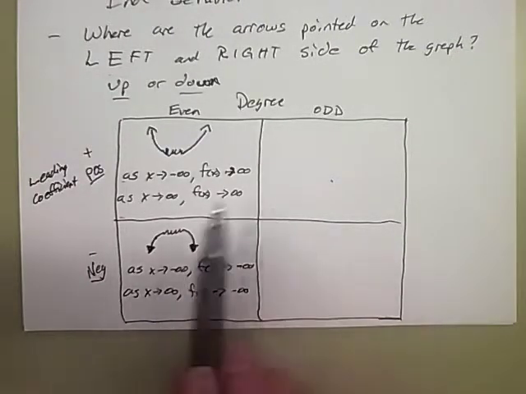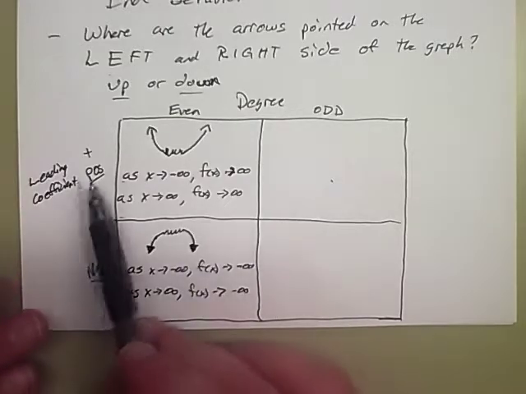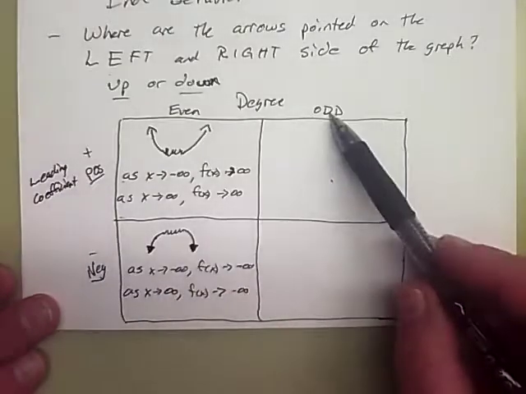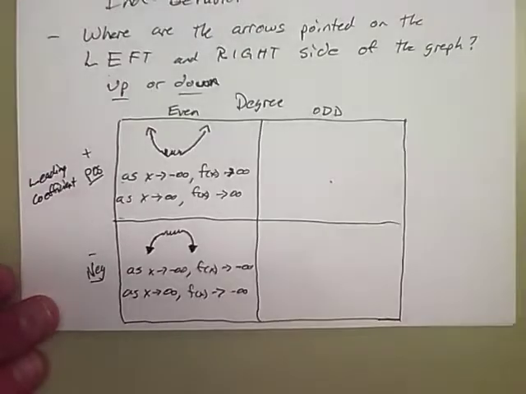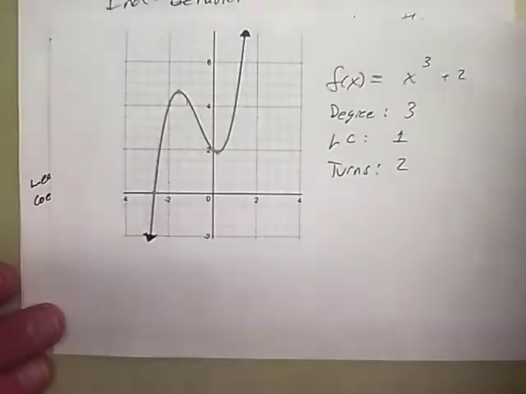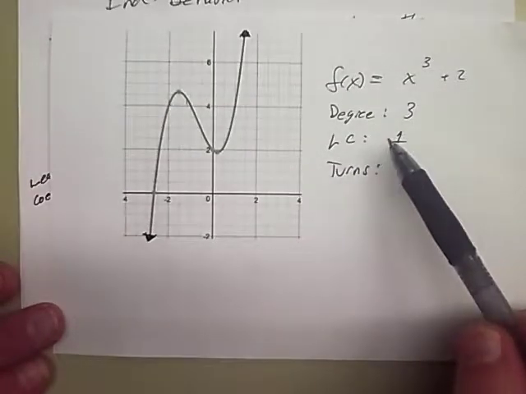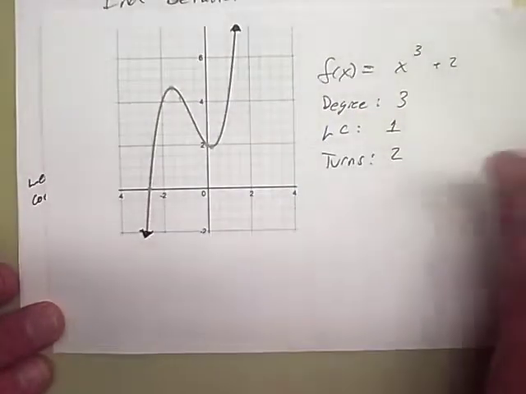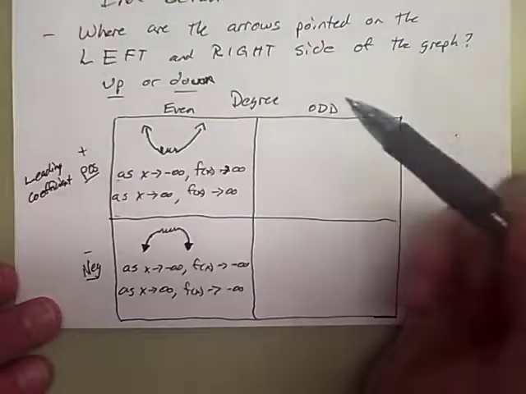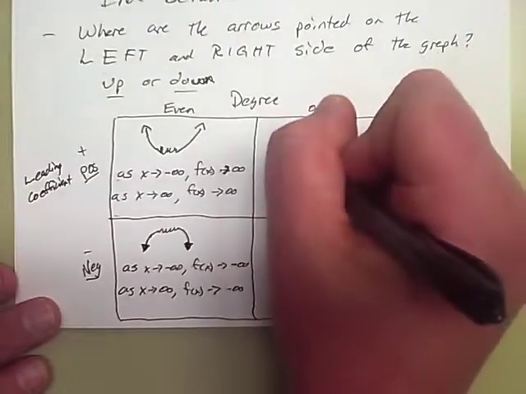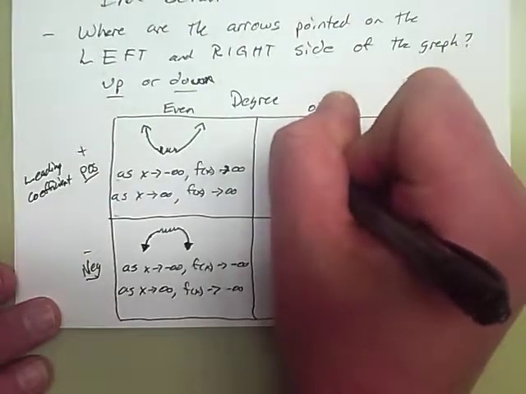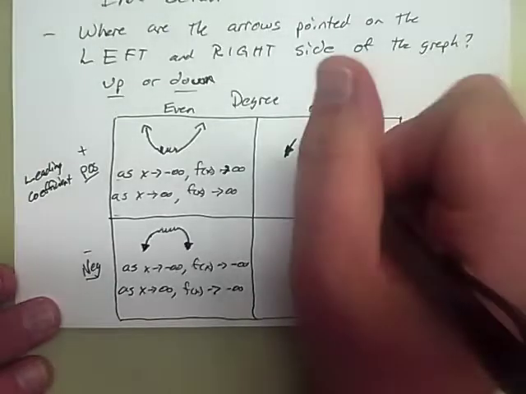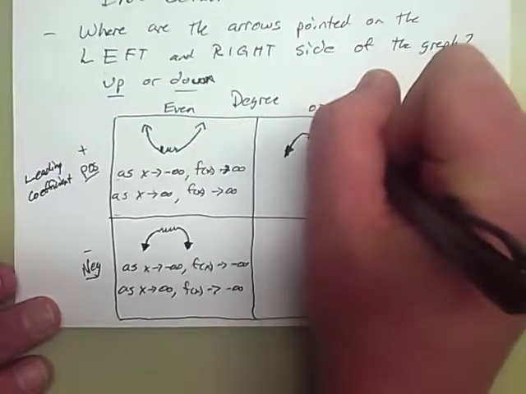So let's take a look at what happens when the leading coefficient is positive and the degree is odd. Well, here we go. When the leading coefficient is positive and the degree is odd, my arrows are now cattywampus. One's up, one's down. So on the left side, the arrow's pointed down. Again, I don't care what's happening in the middle.